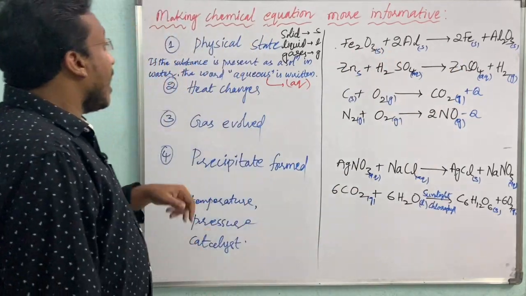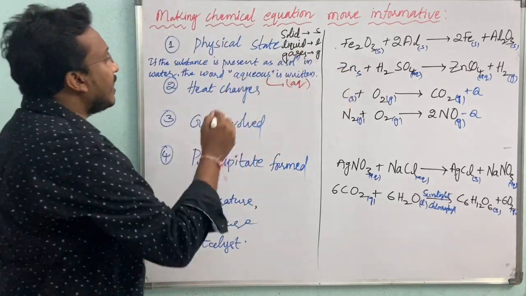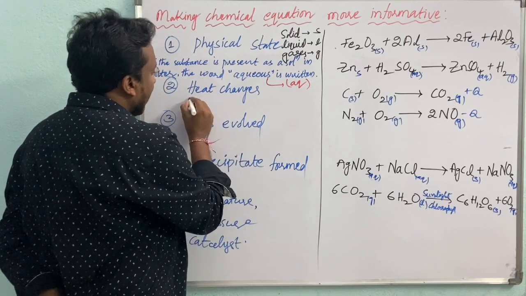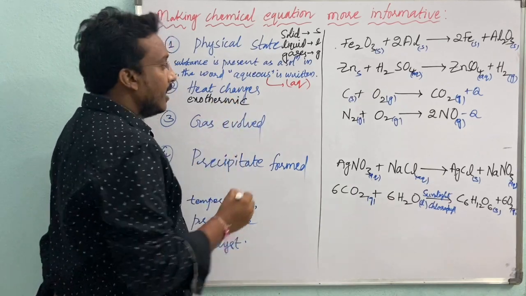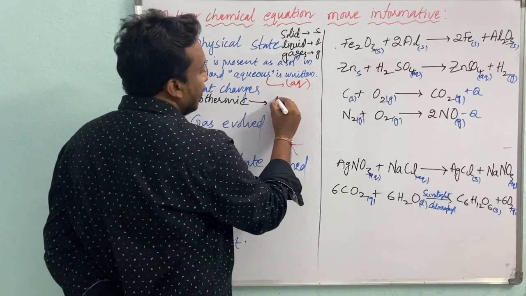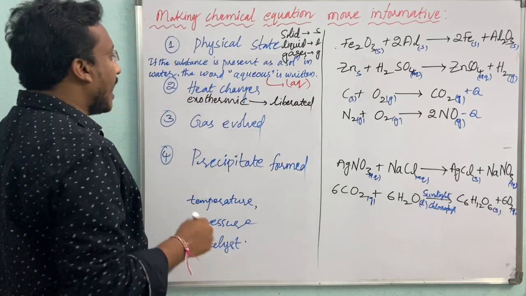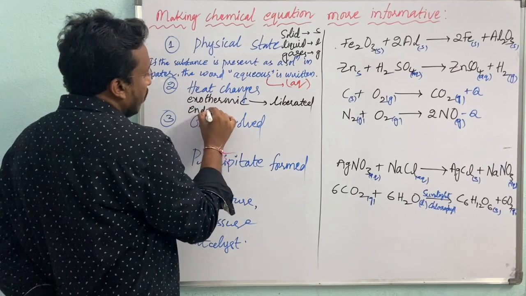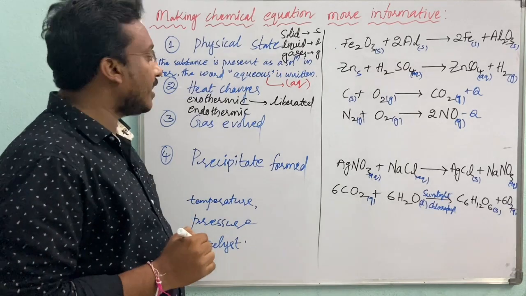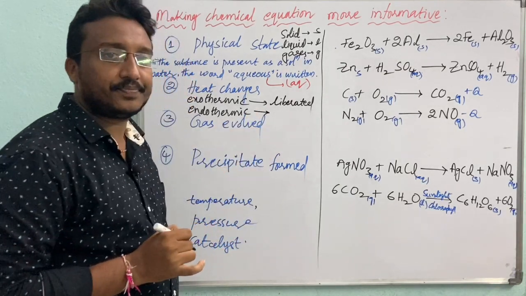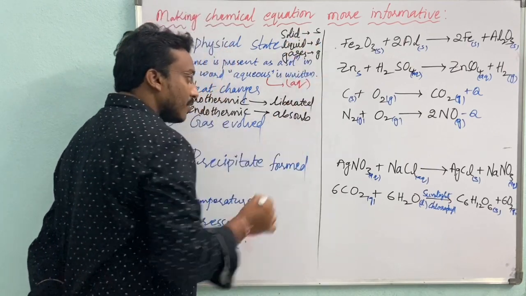Got it. And heat changes, we discussed already. Some chemical reactions are exothermic. Exothermic means heat is liberated.